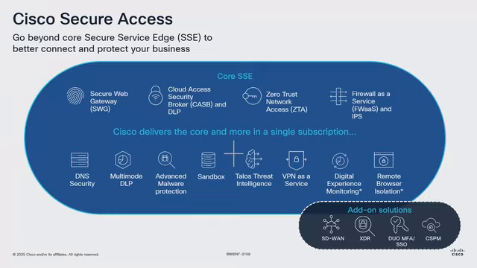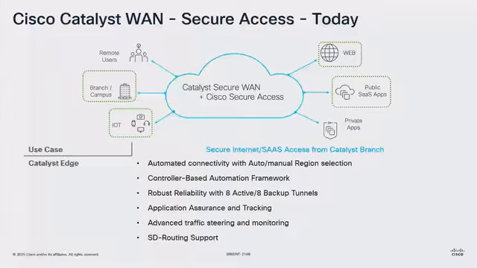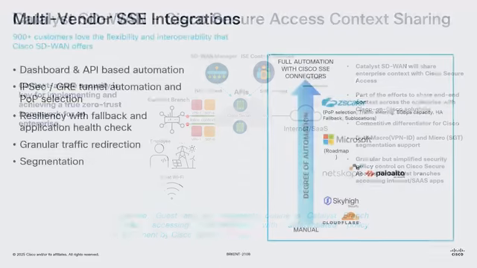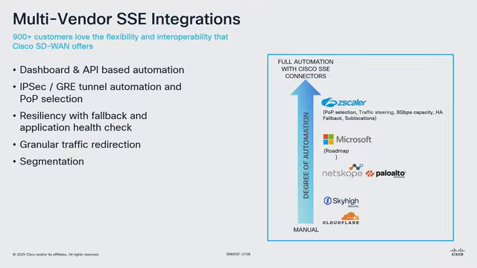Or it could be the other way around as well. If you're already using a third-party SD-WAN, you can also integrate that with our Cisco Secure Access, easily realizing a multi-vendor SASE solution. Let's skip this. Yeah, so I was mentioning third-party multi-vendor SSE integration.